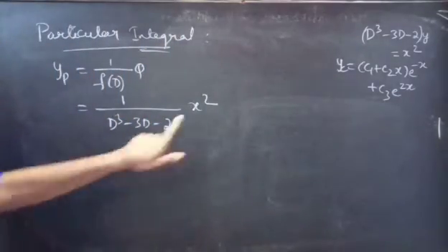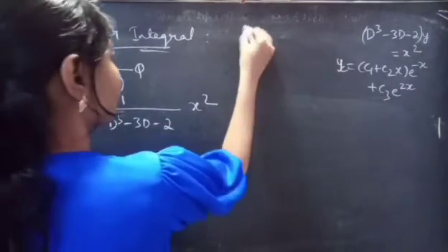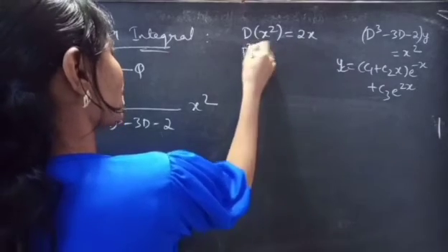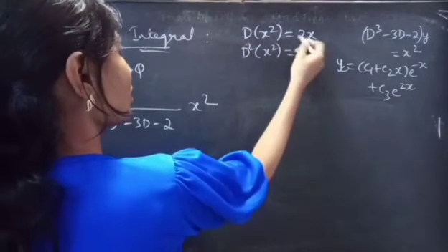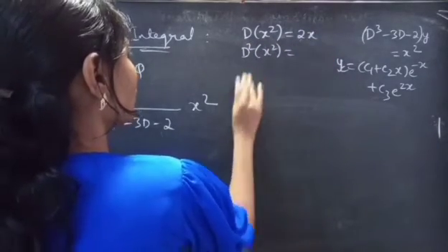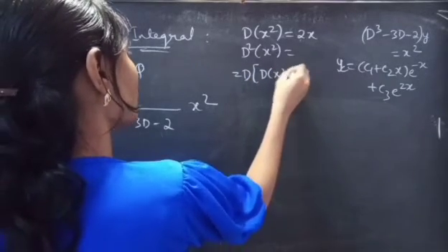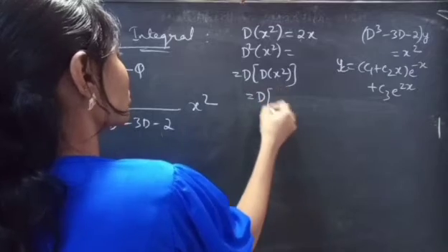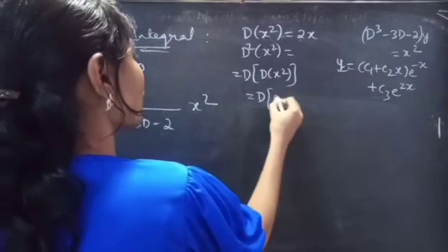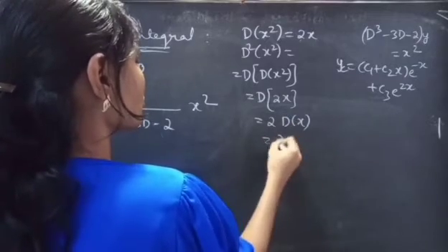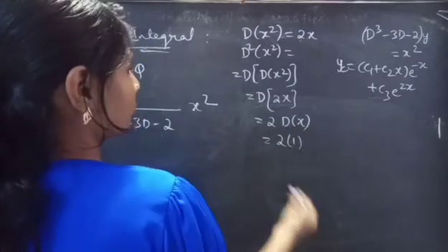Let's find derivatives of x square. Derivative of x square is 2x and d square of x square is derivative of 2x, right? We can write d square of x square as derivative of the derivative of x square. This is equals to 2 into derivative of x, which is 2 into 1, which is 2.